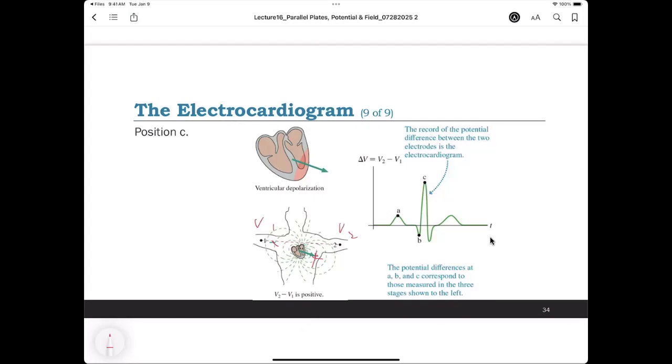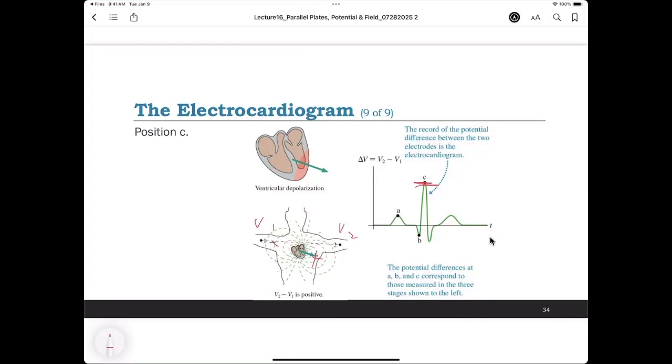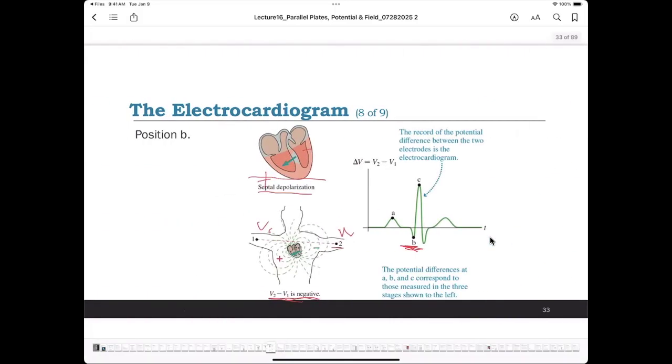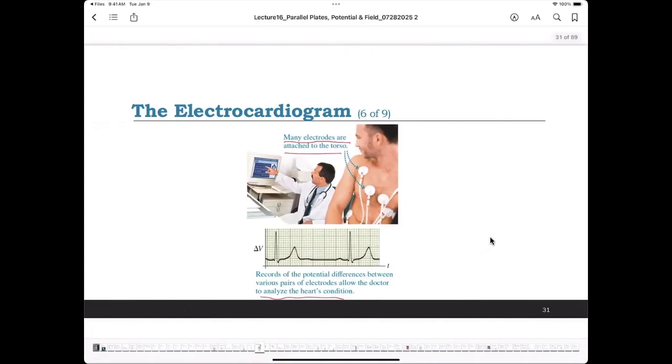This is the difference for C. So these are 3 different positions, and for these 3 different positions, there are 3 different electric potential differences, and then you will know how the heart beats. Does that make sense to you? This is how we use the electric potential to measure our heartbeat and to see if our heart's condition is good or not.